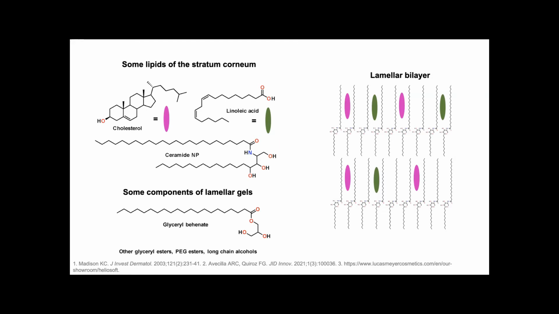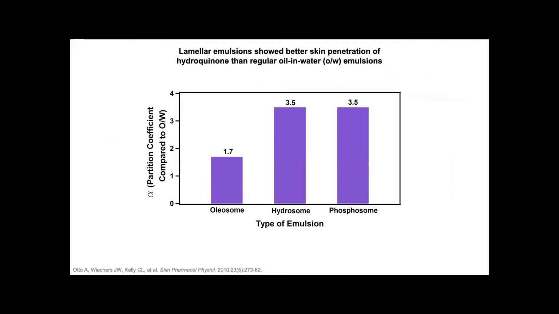Here's an example of a study that found better skin penetration with lamellar emulsions. This was an experiment that compared the skin penetration of hydroquinone, a skin whitening substance, in lamellar and non-lamellar emulsions. Phosphosomes and hydrosomes are lamellar emulsions, while oleosomes in the system were not.